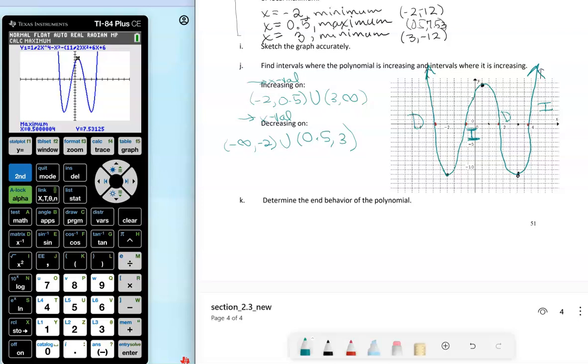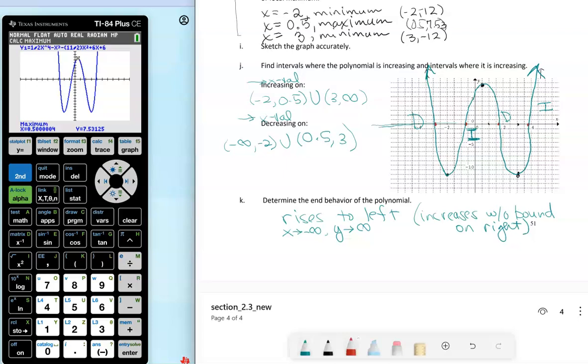And the end behavior, it rises to the left, or we would say it increases without bound on the left, and it increases without bound on the right. Another way we could say this is as x goes to -infinity, see, as x goes this way, y goes to +infinity, because y is increasing.